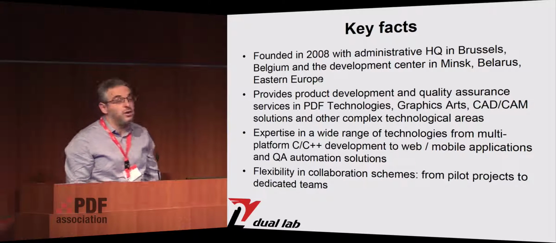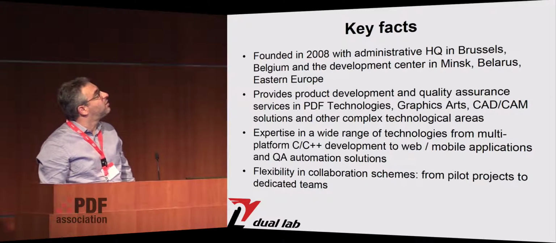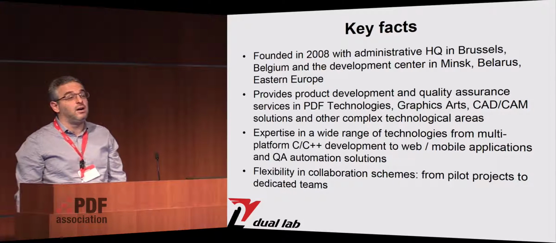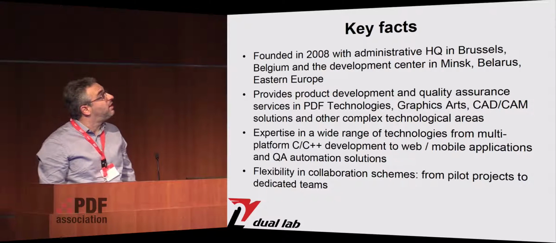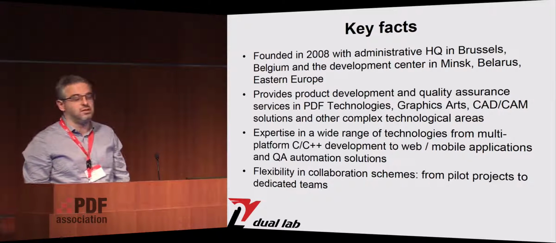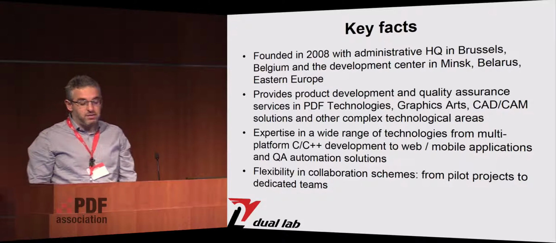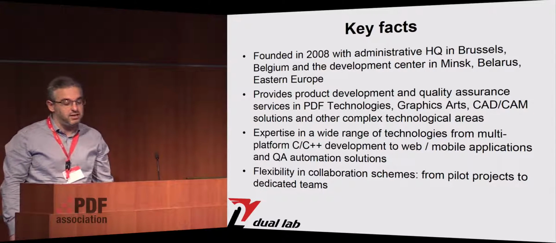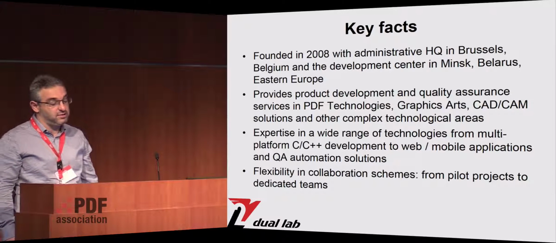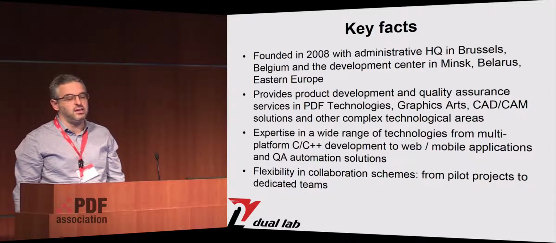Key facts about our company. So we started in 2008. We've got our headquarters in Brussels, Belgium, but the development center is in Minsk, Belarus, Eastern Europe. As I mentioned, we provide product development and quality assurance services, especially in PDF technologies, graphics arts, CAD/CAM solutions, and other complex technological areas.